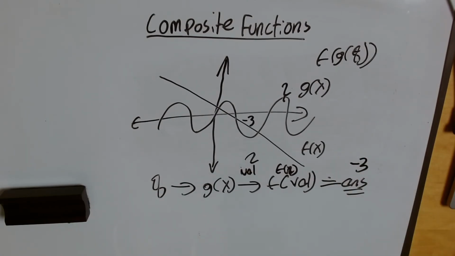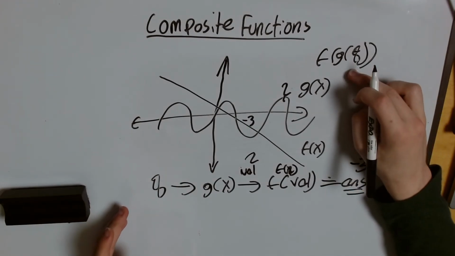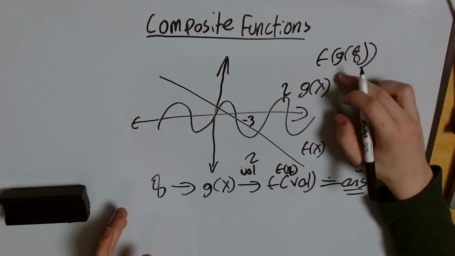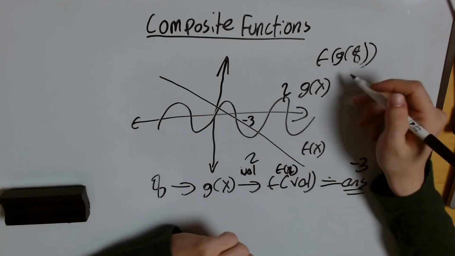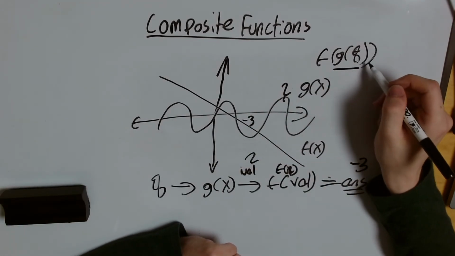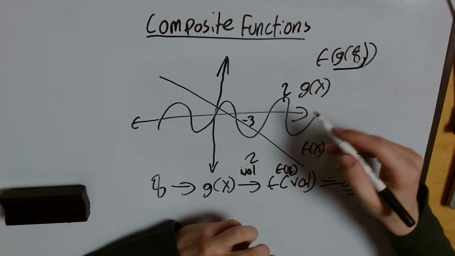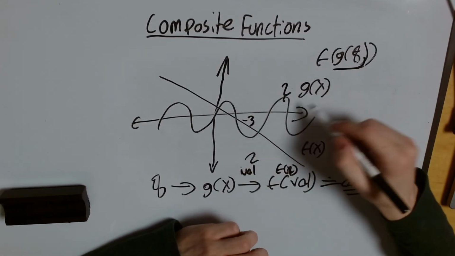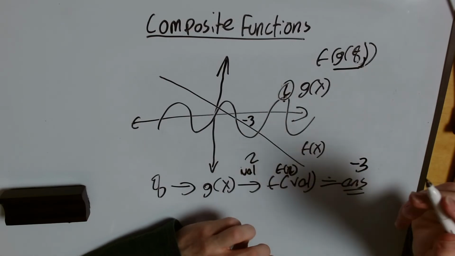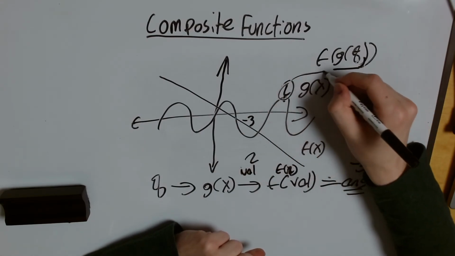So when you're dealing with graphical composite functions, when you don't have your equations or your formulas, you're going to look at your x, right? Find out the y value for that first function inside that parentheses using that x value, right? So just look at the graph. Find that corresponding point. You're going to take that in, and you're going to use it as an x value for your next function, right?